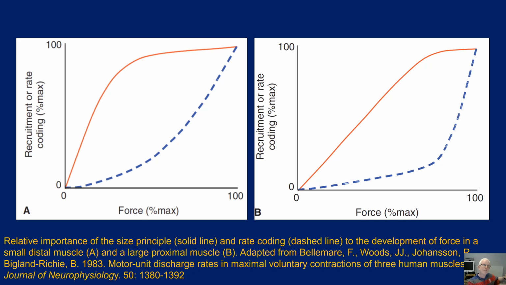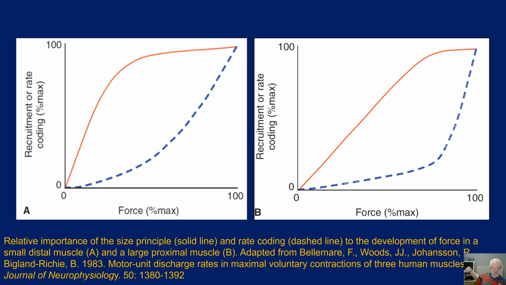If I want to generate force rapidly, I've not only got to have fast twitch fibres, because they're the ones that produce more force, but I have fundamentally got to be able to recruit them at a fast rate. It's no good being a Usain Bolt, for example, or a Dina Asher-Smith, trying to sprint 100 metres with lots of fast twitch fibres.